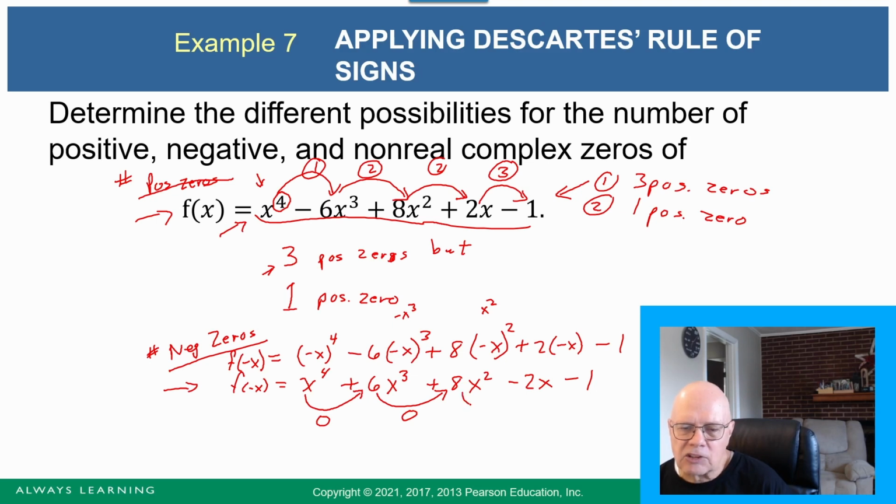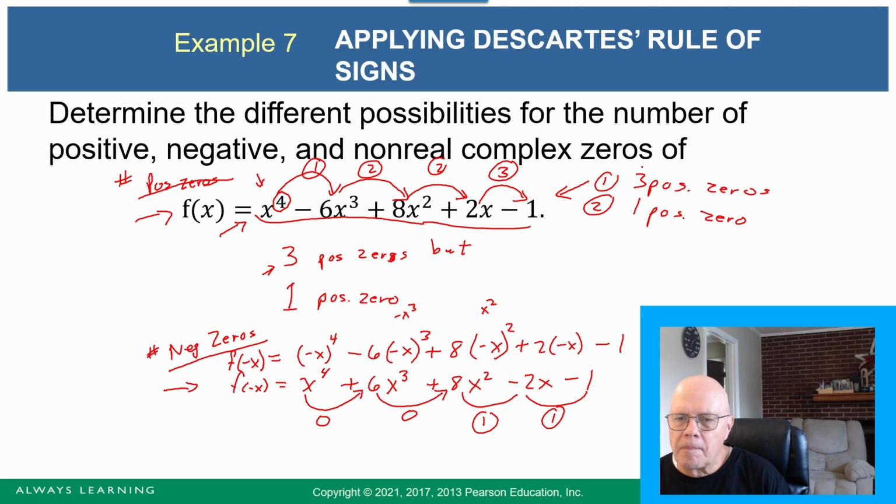From 8 to negative 2, 1 sign change. From negative 2x to negative 1, doesn't change. So we still have 1. This means there's 1 negative 0.